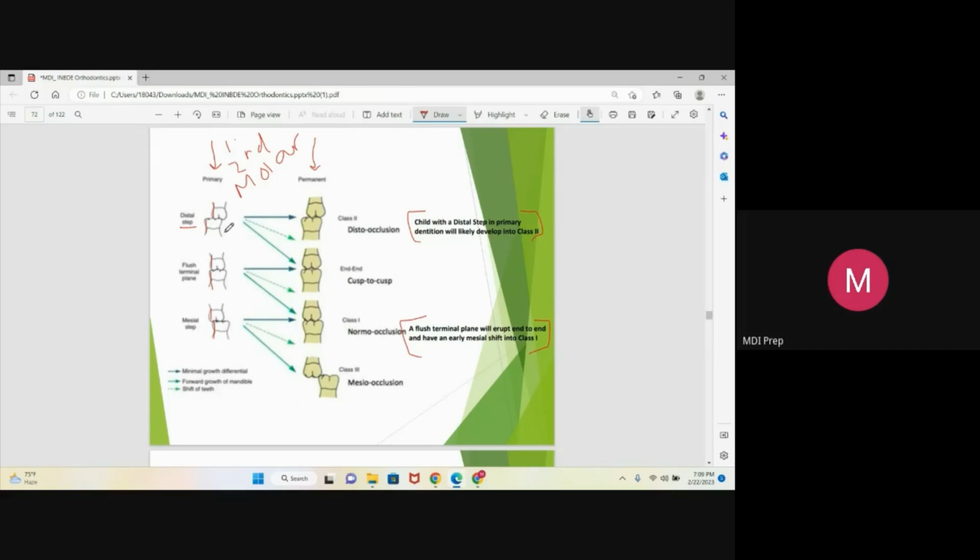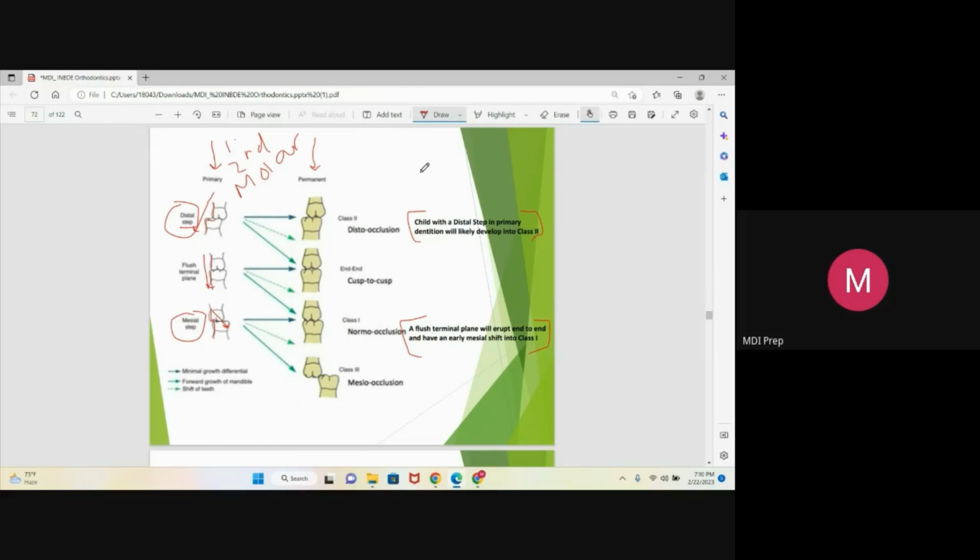Once I draw that step, I connect those two lines together like so. And then I imagine I'm walking down the stairs. If I'm walking down the stairs this way, I'm walking in a distal direction. This is again flush. And if I'm walking down the stairs this way, this is going to be in a mesial direction. So that's how we identify our primary dentition, either distal, flush, or mesial step.